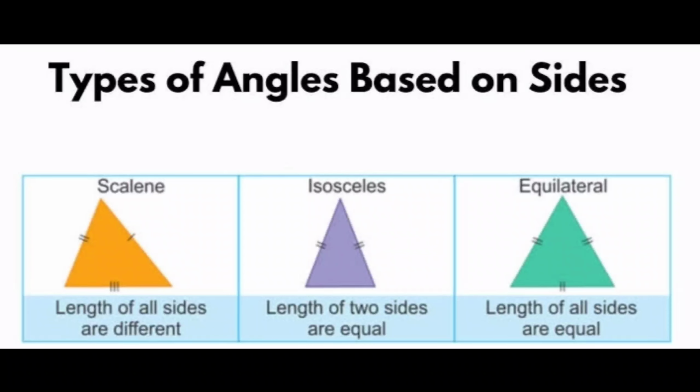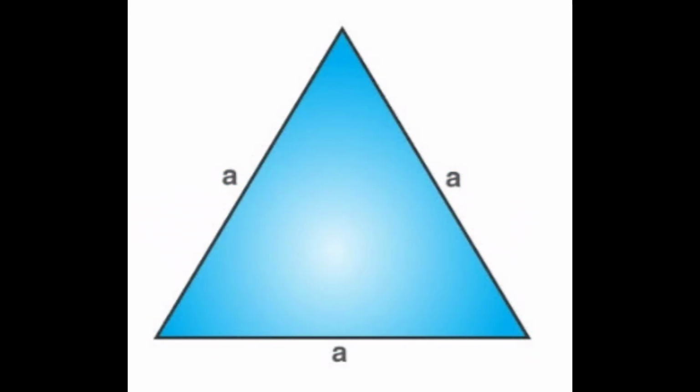Based on the sides, a triangle has 3 sides. The first one is equilateral triangle. A triangle having all 3 sides of equal length is called an equilateral triangle.